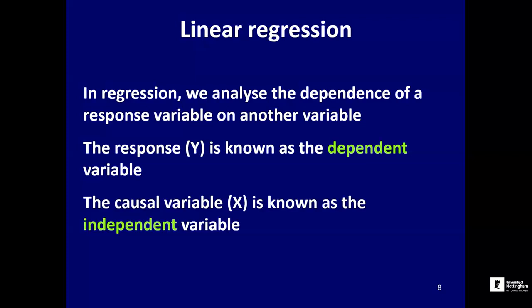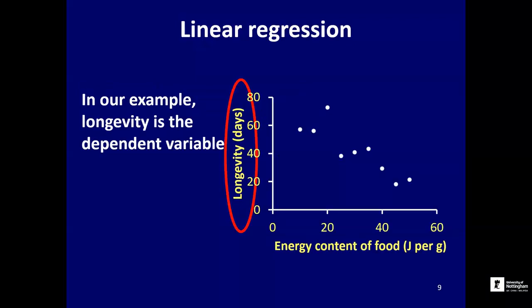It depends on what happens on the x-axis, which is known as the independent variable. Independent, if you like, because as a scientist and experimentalist, we are free to manipulate the values on x and see how y responds. So the idea is that we choose x, but y is dependent on what happens to x. So that terminology is worth getting your head around because it will crop up quite a lot, you'll find.